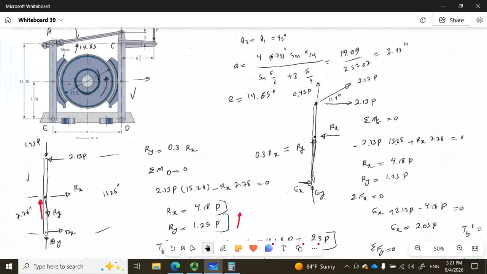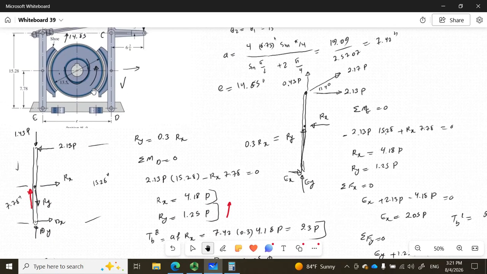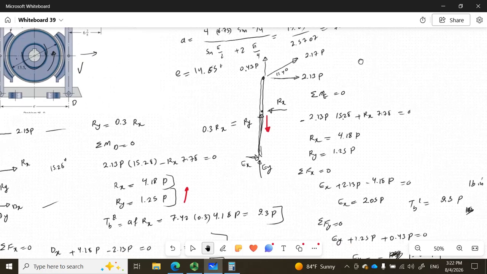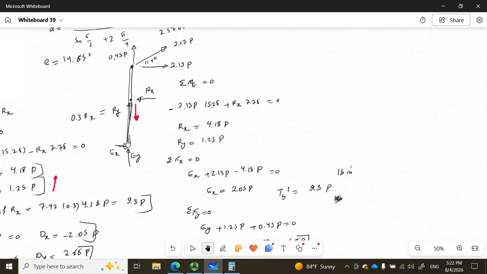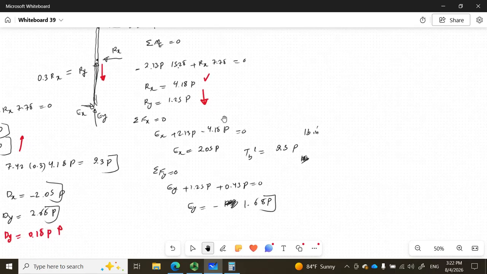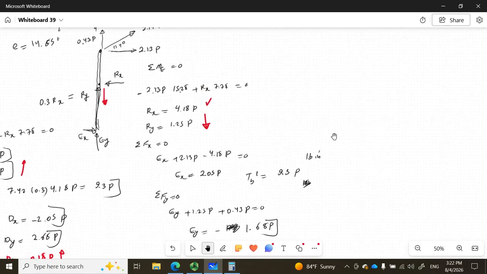So let's look at this guy. If again it is counterclockwise, let's see what forces happen. So Ry here, instead of going up, is going to go down. It's going to be my new Ry. Again I'm taking moment about E, right? Rx is going to come out the same. Ry is going to be 0.3 times this guy, but this time it's going to go down. When doing the force analysis for summation of forces in the x direction, Ex is not going to change because Rx is the same.